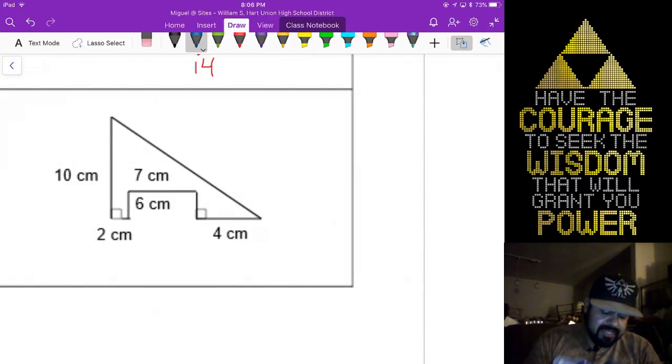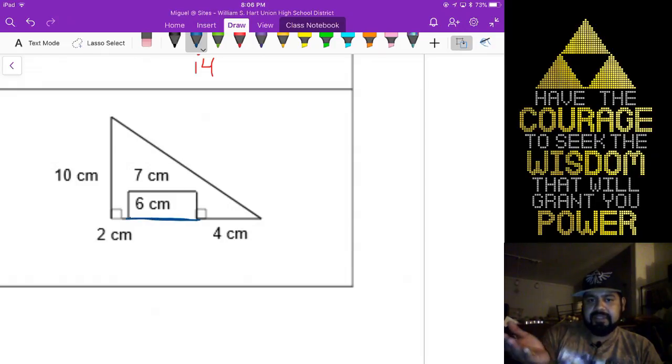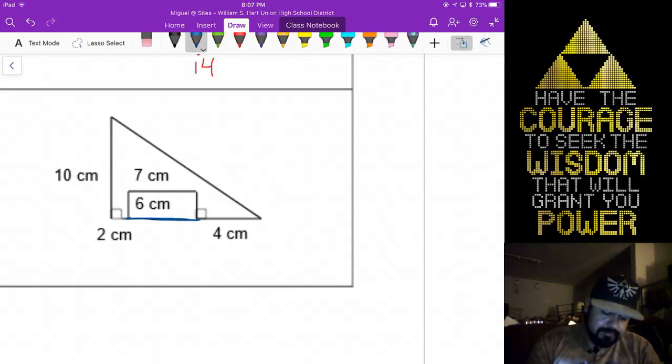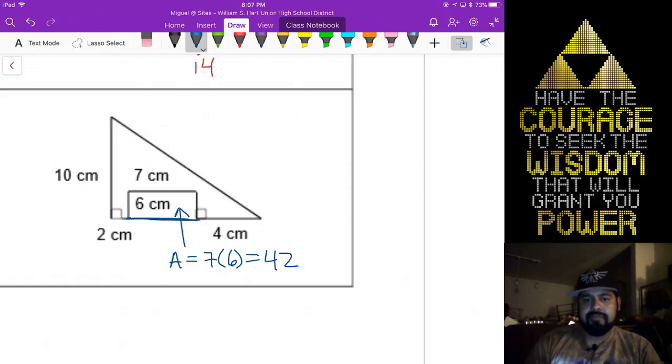So what I want to pretend is, hey, this section is actually filled in. So this area here is the area of a rectangle. So we know that that's going to be just 7 times 6. So 42.